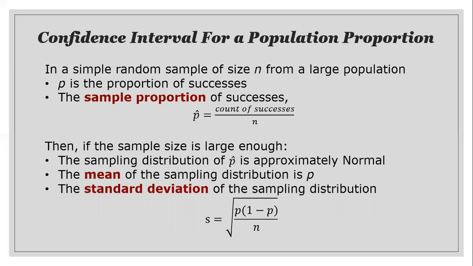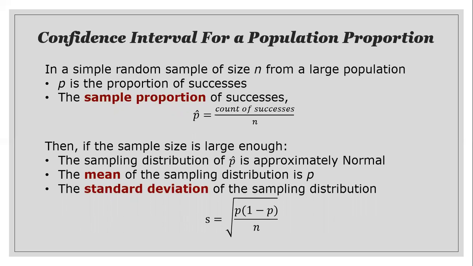So say we want to form a confidence interval for a population proportion. P is the parameter, the proportion of successes in the population. The sample proportion is P hat. That is, I take some sample size n, and P hat is the count of successes, however I want to label that. If the sample size is large enough, the sampling distribution of P hat is approximately normal.